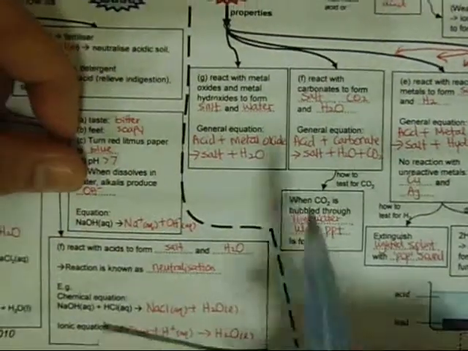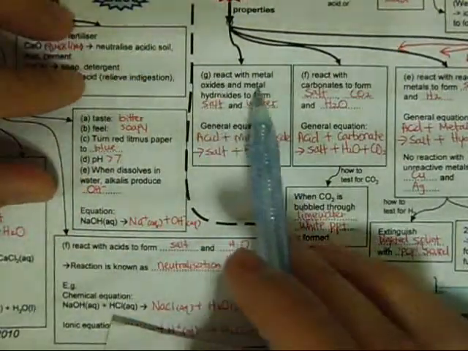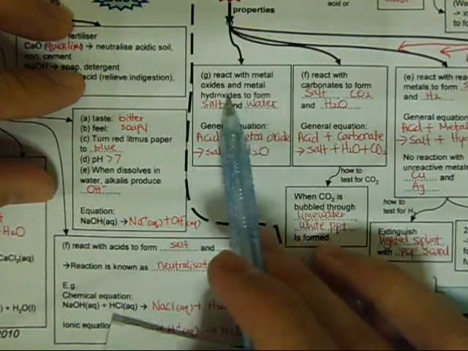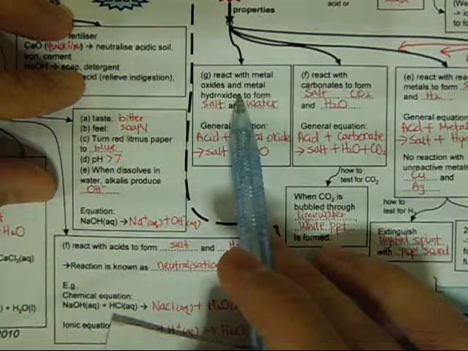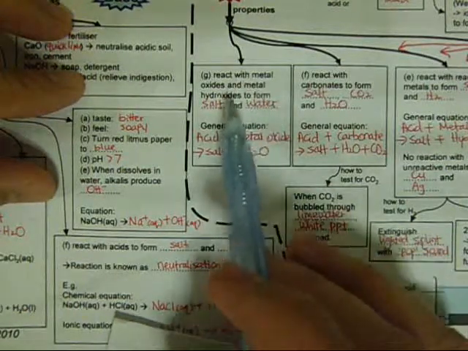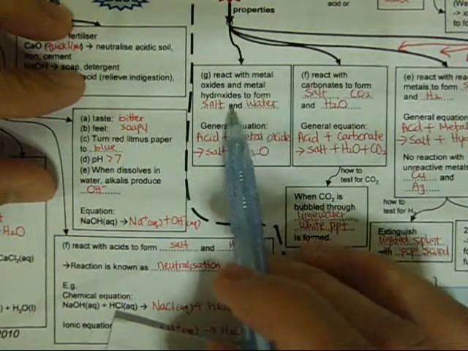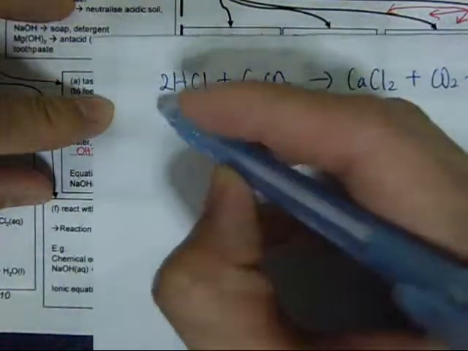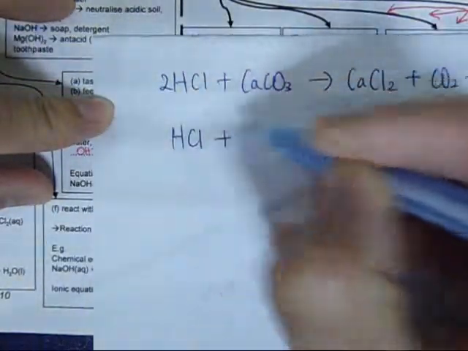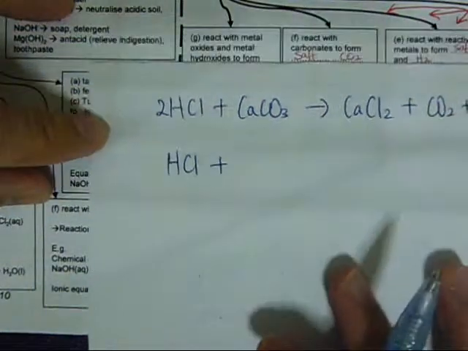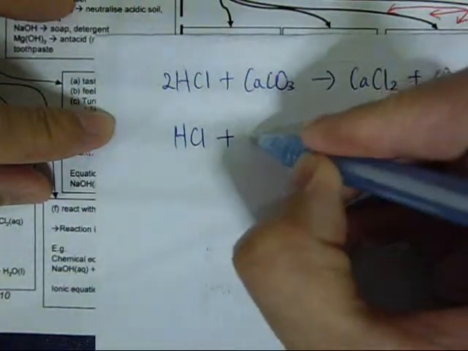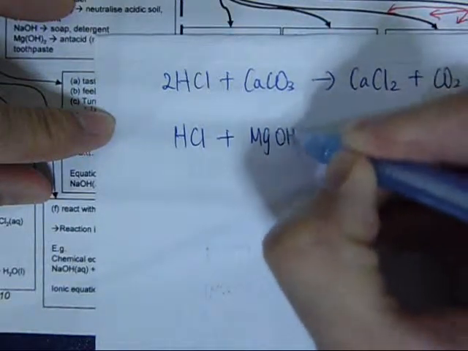The third one is the reaction between acid and metal oxides and metal hydroxides. Metal oxides and metal hydroxides are basically bases. So this is actually the reaction between acid and base to form salt and water. For example, an example of acid, again HCl. An example of base would be magnesium hydroxide.